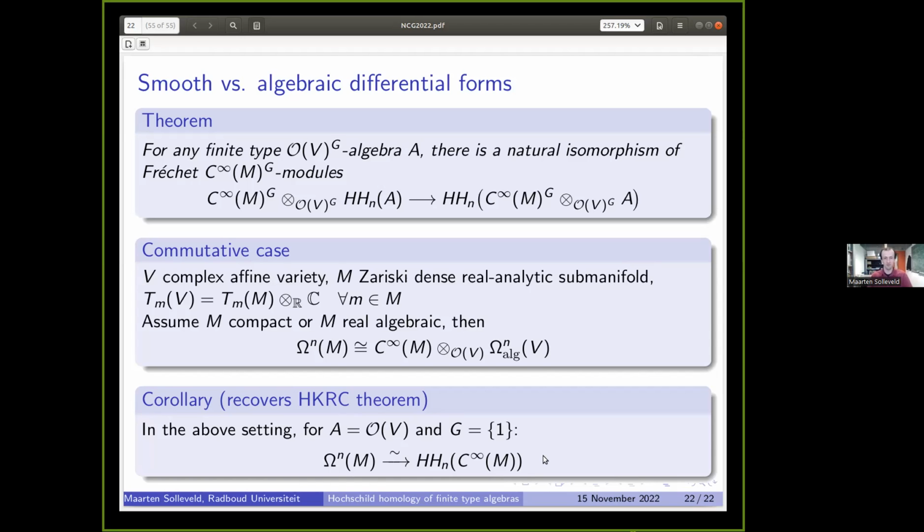So here I have completed the circle of ideas which I wanted to present for comparison of algebraic objects and smooth objects. And this also completes my talk.